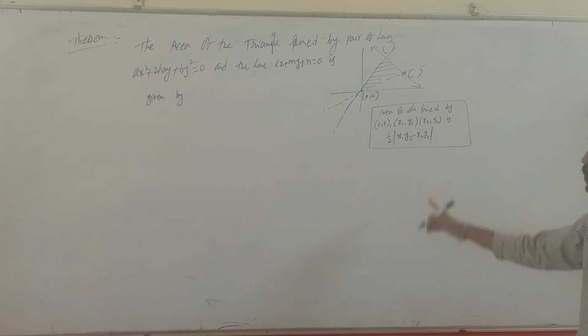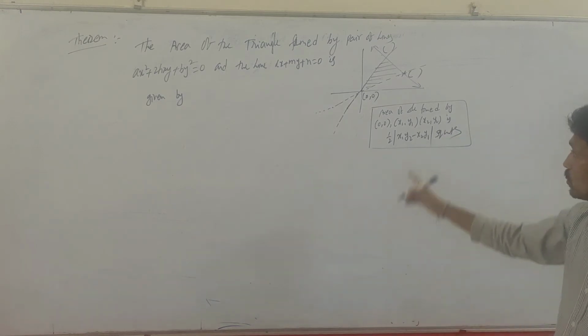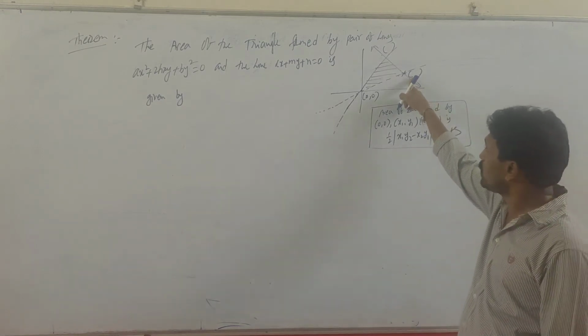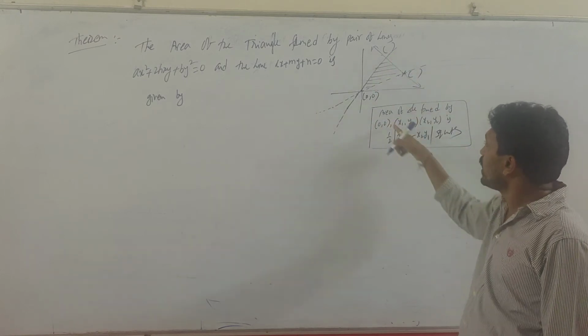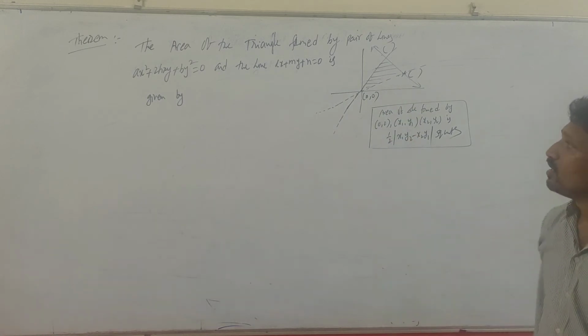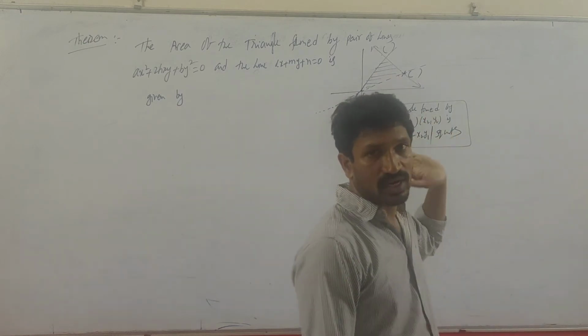This is in square units. So first find this point and this point, and find the area of the given triangle. This is the triangle.